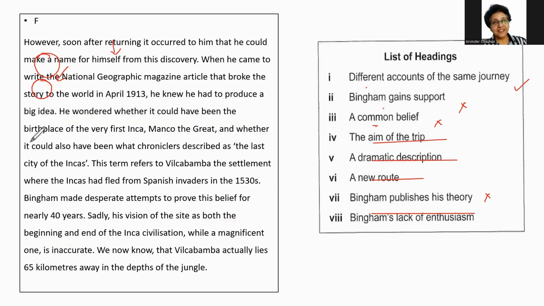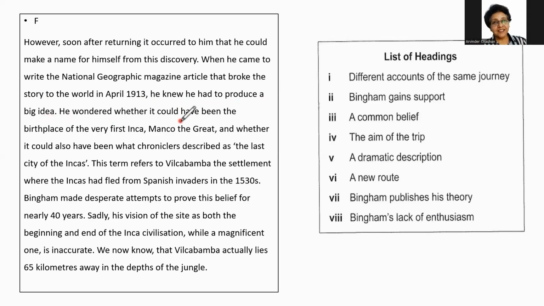All right. So here we come to paragraph F, and here let's begin with this. However, soon after returning, it occurred to him that he could make a name for himself from this discovery. When he came to write the National Geographic magazine article that broke the story to the world in April 1913, he knew he had to produce a big idea.